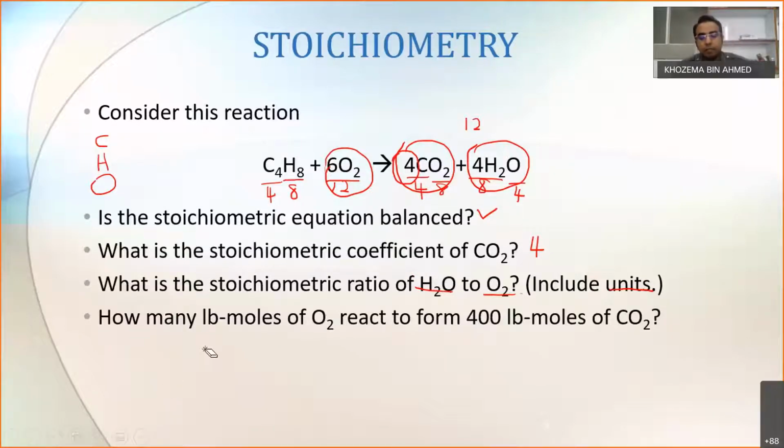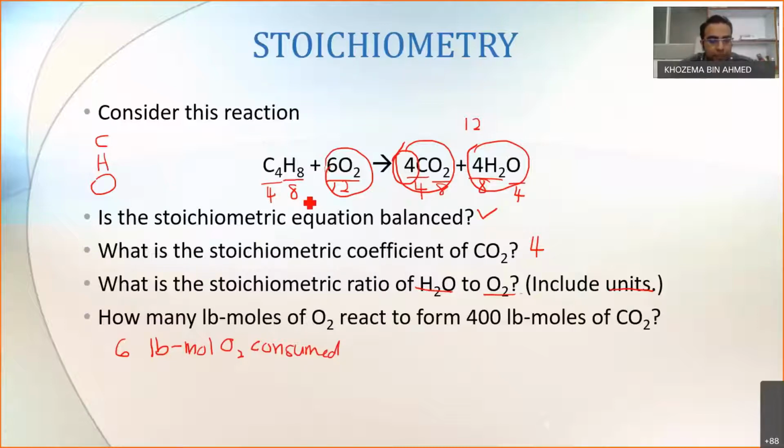So again, if you want to solve for this one, will you be using the stoichiometric ratio? So first of all, we have to know what is the stoichiometric ratio between CO2 and oxygen. So let's say I have my oxygen here. So I know that for oxygen, 6 pound mole of oxygen consumed, right?